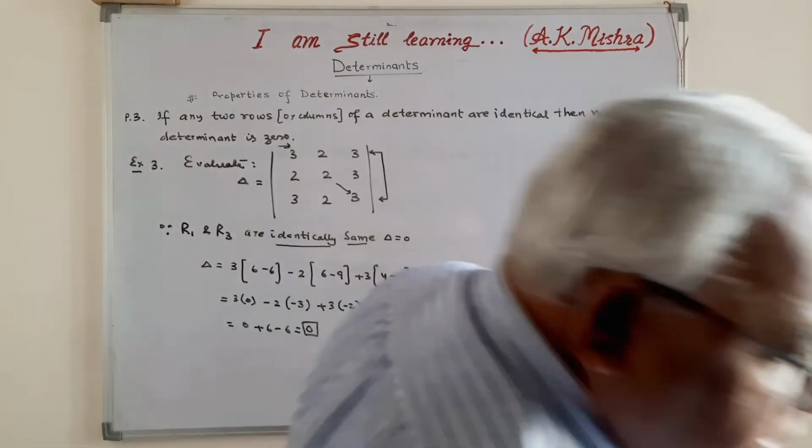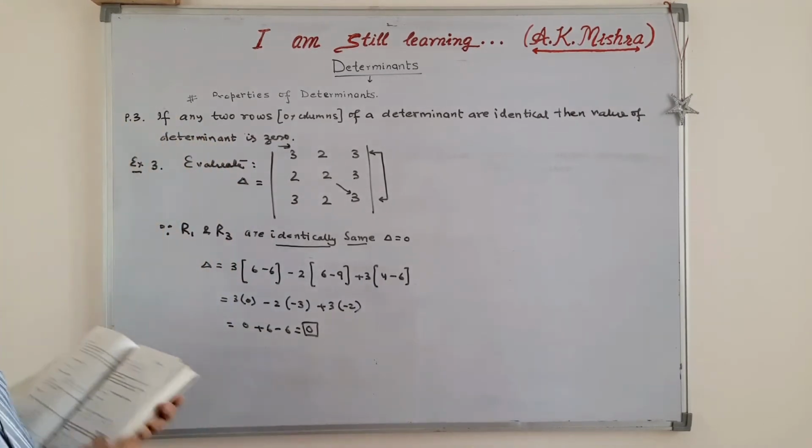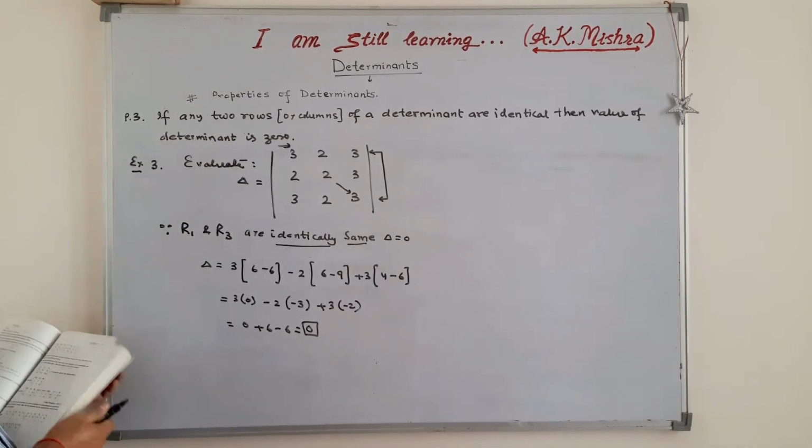There is a remark regarding property number 3. What is the remark? What is important?